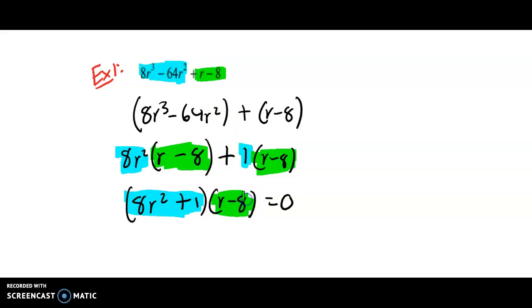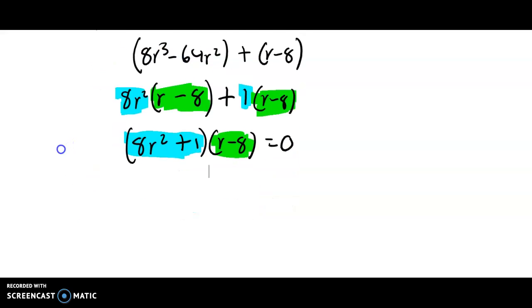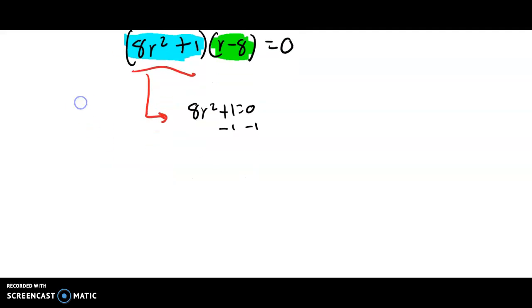Great. Reminder that to solve just means we're going to take these and set them equal to 0. So here I have 8r squared plus 1 equals 0. I'm going to take over the 1. So now I've got 8r squared equals -1. Divide by 8. r squared equals -1/8.